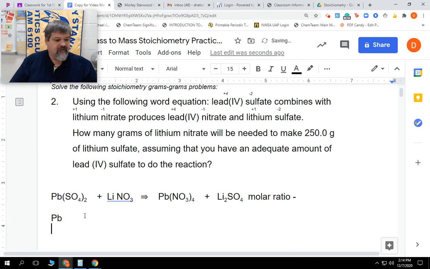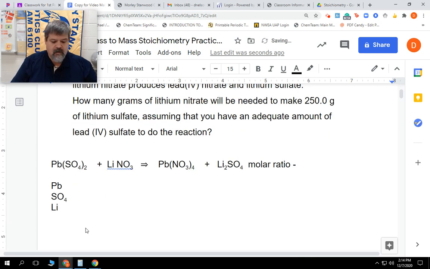After that, we're going to put SO4, and then we're going to put our lithium and then our nitrate. We're going to add these over here to the other side. So we have our lead, we have our sulfate, we have our lithium, and we have our nitrate.